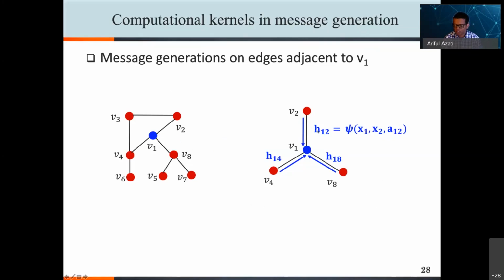That means H12, H14, and H18 for all 3 neighbors, for all 3 adjacent edges of V1. And this can be easily captured by this notation, Chi of x1, x2, and A12, where x1 is the current embedding of V1, x2 is the current embedding of V2, and A12 is some edge information. If it is binary, we can ignore that.